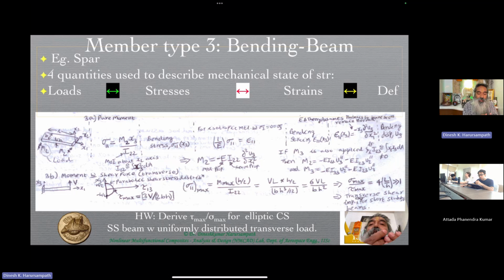But the mechanism is slightly different. In the axial bar, at a given cross section, the entire cross section was equilibrating the load in a uniform way, thanks to St. Venant's principle being valid. On the other hand, here when you are trying to do a bending about the x2 direction, this portion will be under compression and this portion will be under tension.